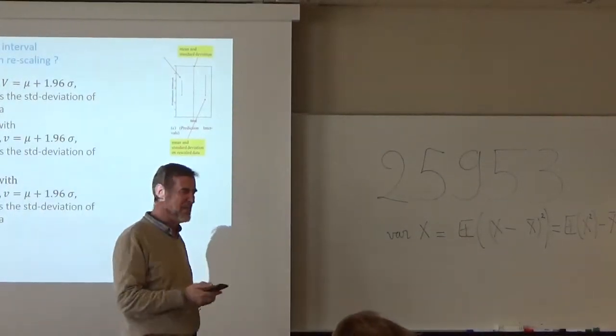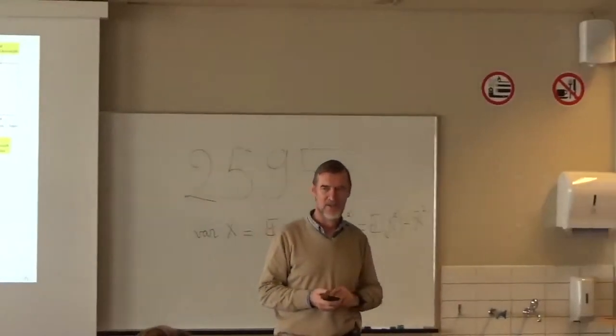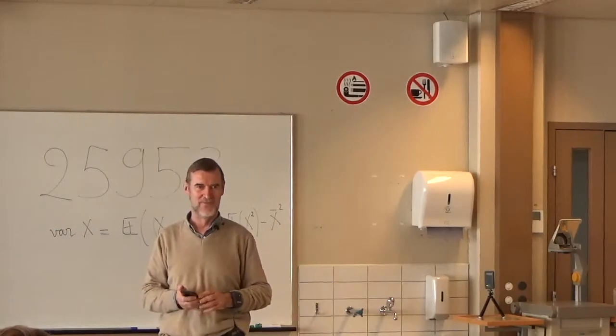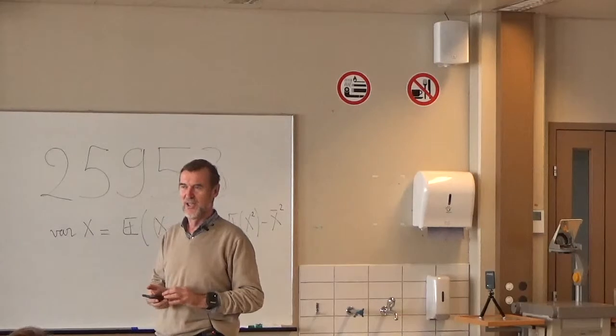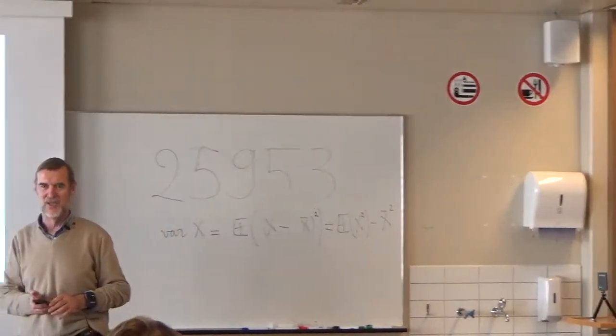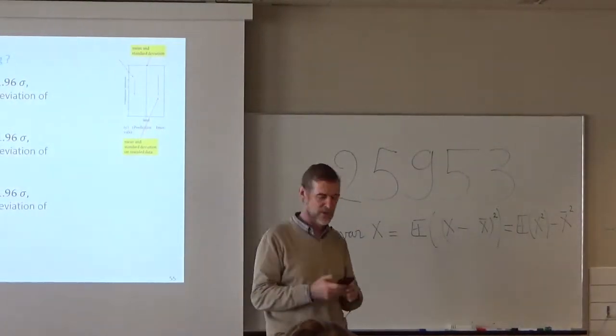Of course, we know the mean of a nonlinear transformation is not invariant. The mean of the log is not the log of the mean. Just like the mean of the square is not the square of the mean, because the difference between the mean of the square and the square of the mean is called the variance. So there is always a difference when we do a nonlinear transformation.